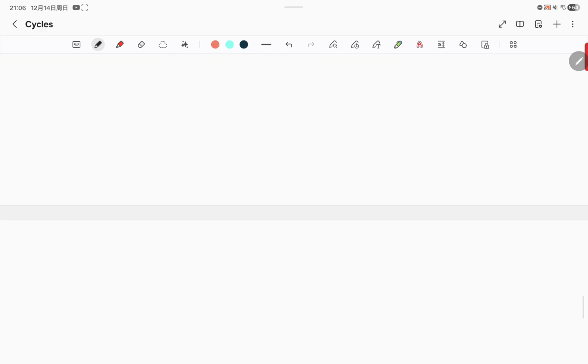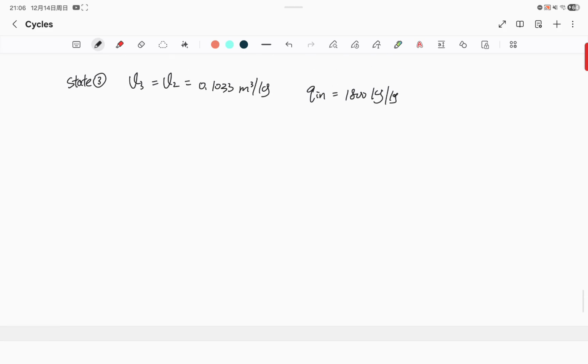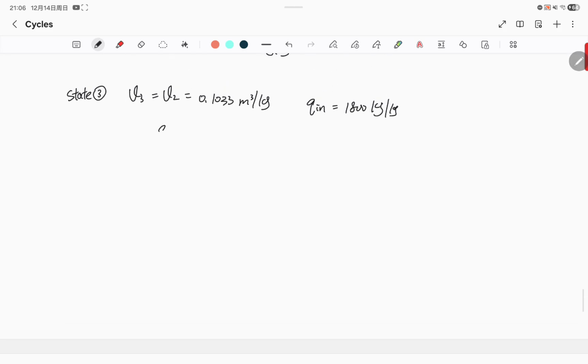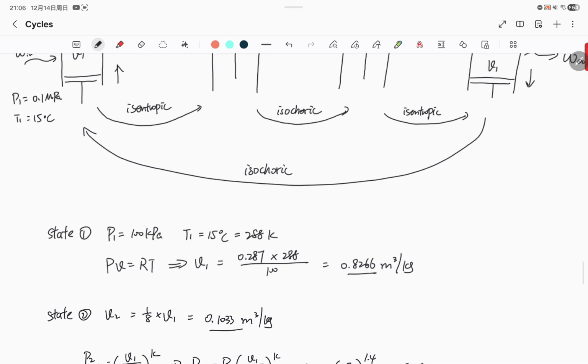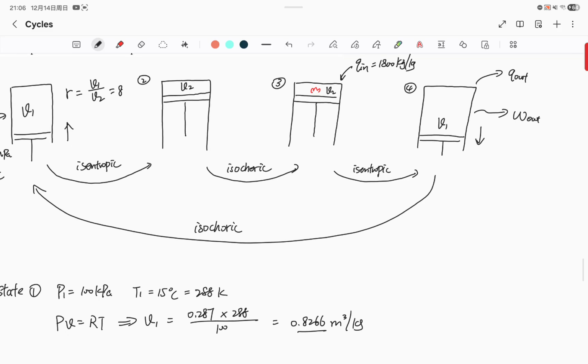So we can calculate T3 using heat. We don't use the isentropic relationship to calculate T3 here because from 2 to 3, it's isochoric. It's not isentropic. So ideal gas, it is ideal gas, but we cannot use it.